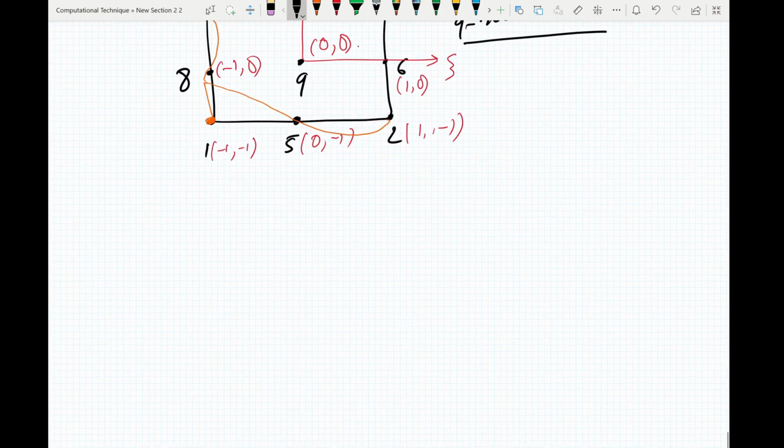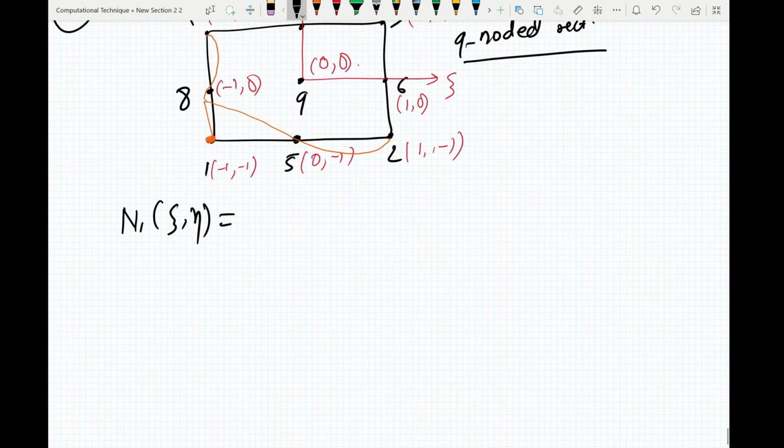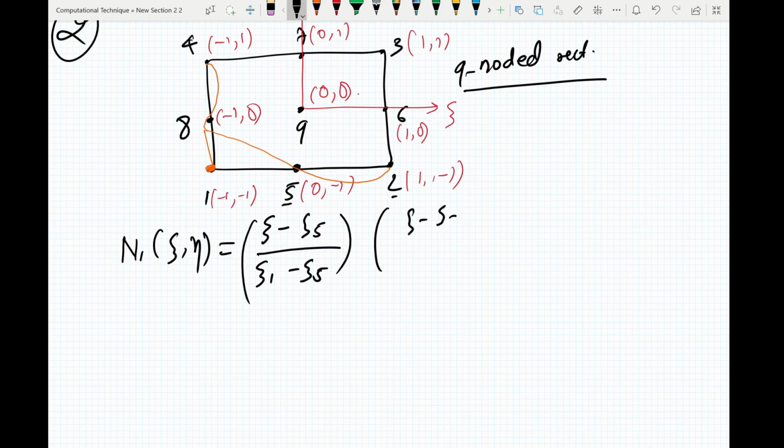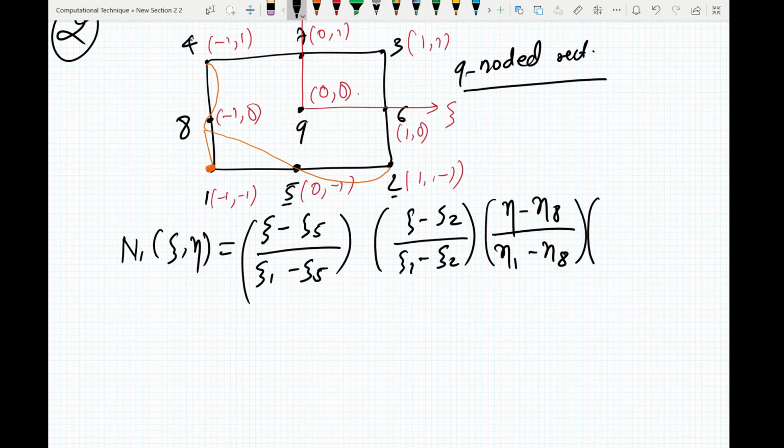You can write N1 as a function of xi and eta as: xi minus xi5 divided by xi1 minus xi5, and then xi minus xi2 divided by xi1 minus xi2, and in the eta direction we can write eta minus eta8 divided by eta1 minus eta8, times eta minus eta4 divided by eta1 minus eta4.